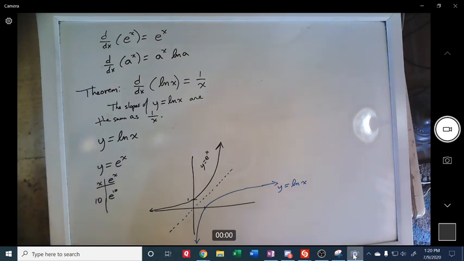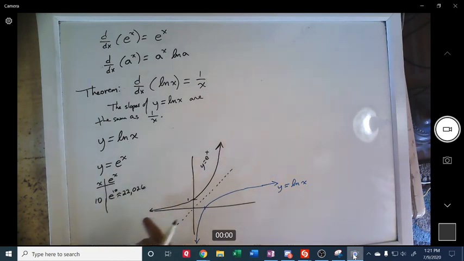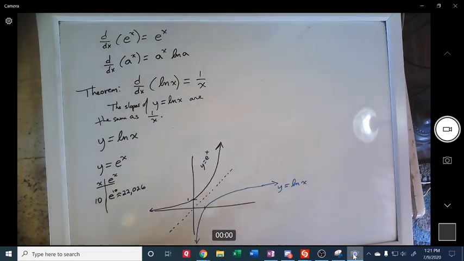Which is already 22,026. So if you go just over 10, you have to go up over 22,000 over there.